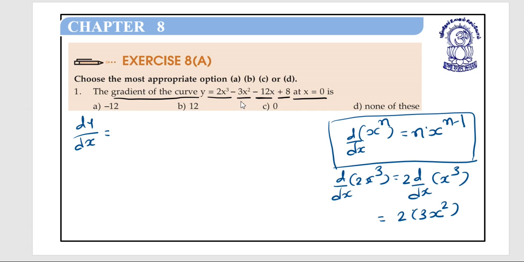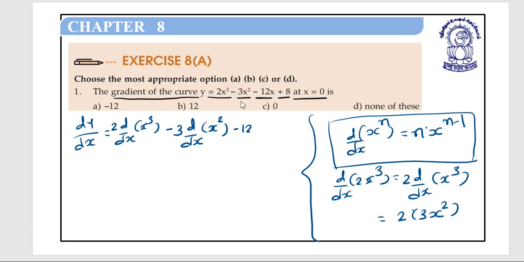So you can write 2 d by dx of x cube minus 3 constant d by dx of x square minus 12 constant d by dx of x plus 8. The differentiation of a constant term is 0.